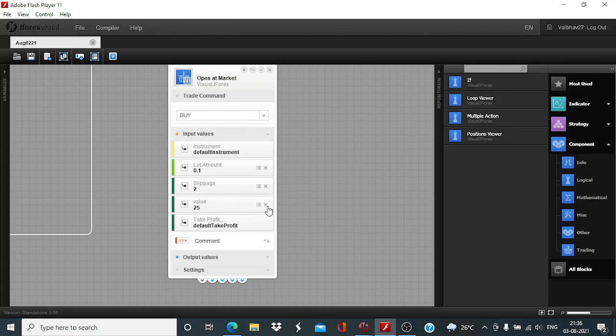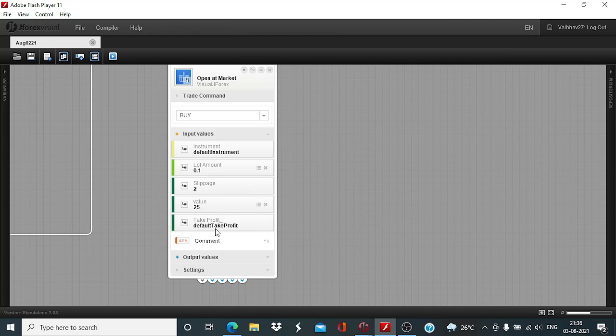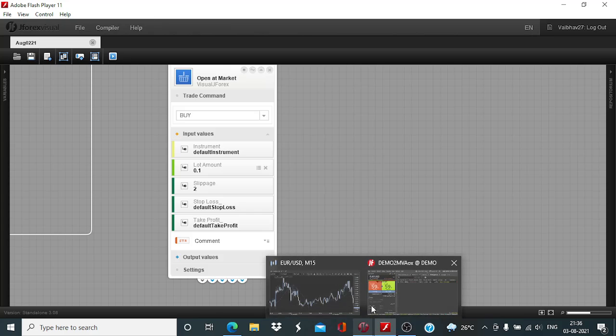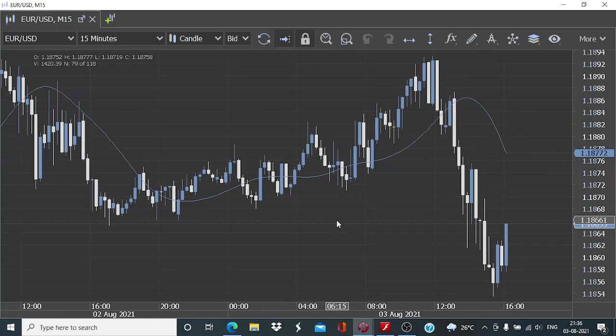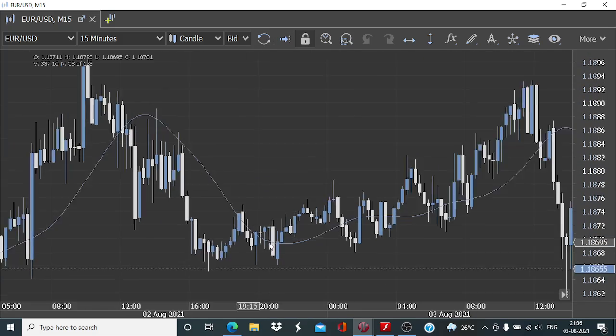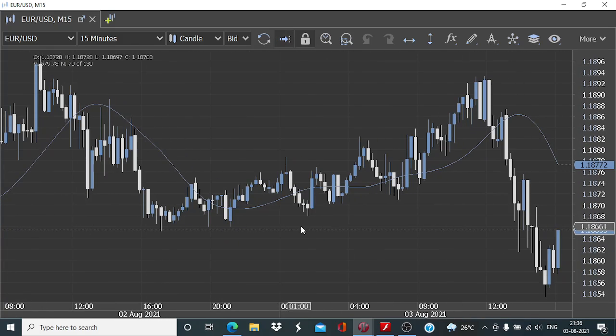Then comes the question of stop loss and take profit. The default settings are of 25 and 50, getting you the risk reward ratio of 1:2. You can keep it as it is, or you can consider the price action and what is the formation which is likely to bring you the maximum benefit. So depending on that, you can determine the combination.